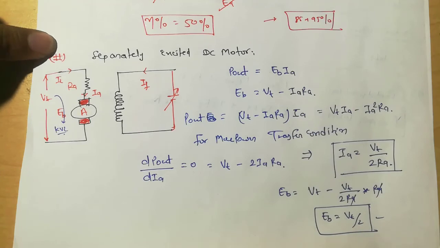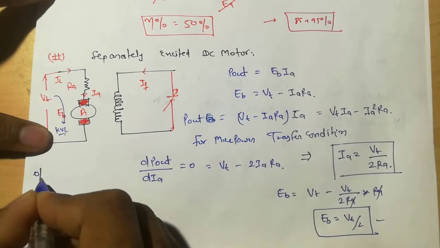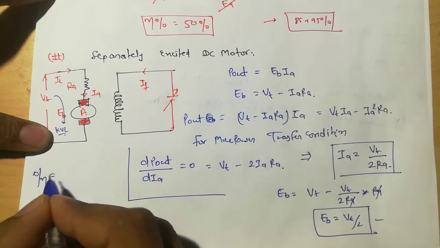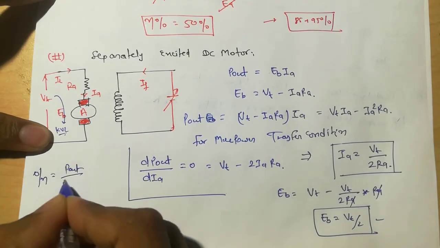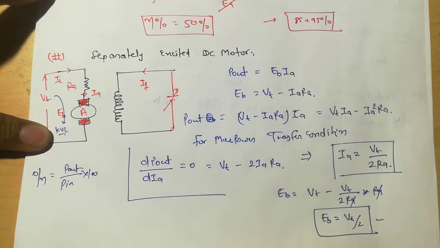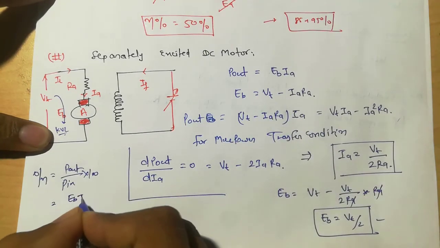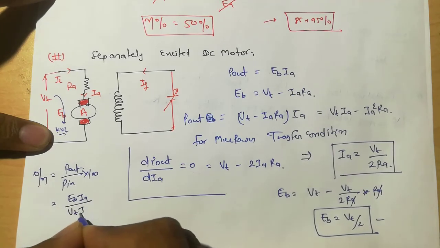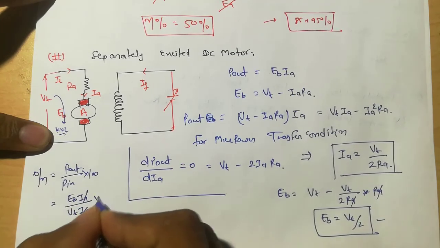At this condition, when we check the efficiency of this motor, the percentage efficiency, eta, is equal to P output upon P input into 100. The P output is EB IA, and the input is VT IA. IA and IA cancel out, into 100.